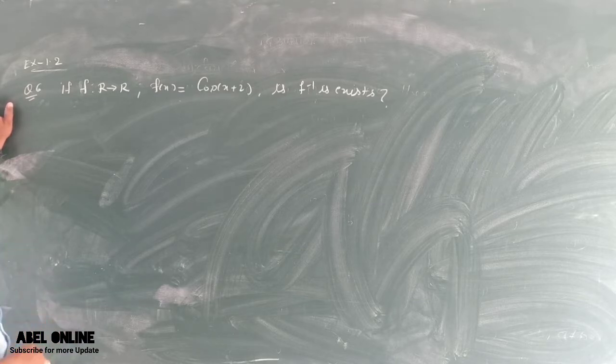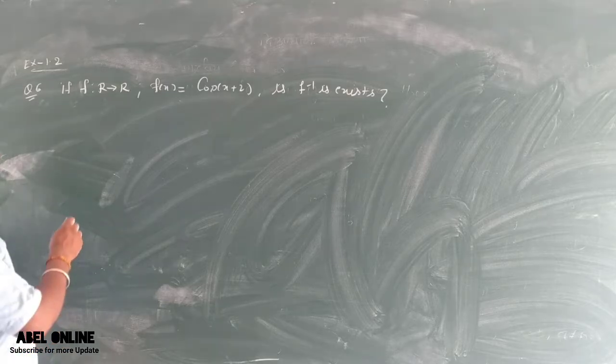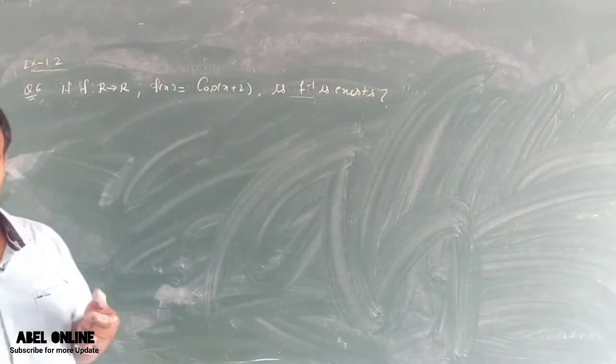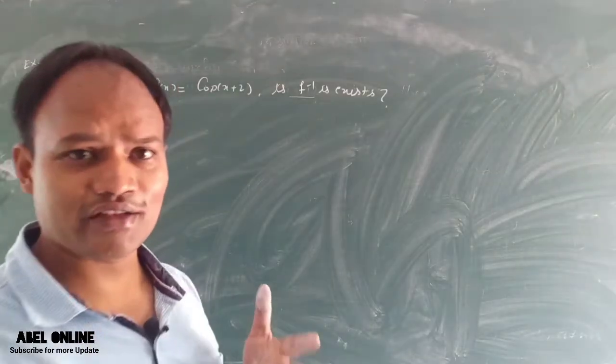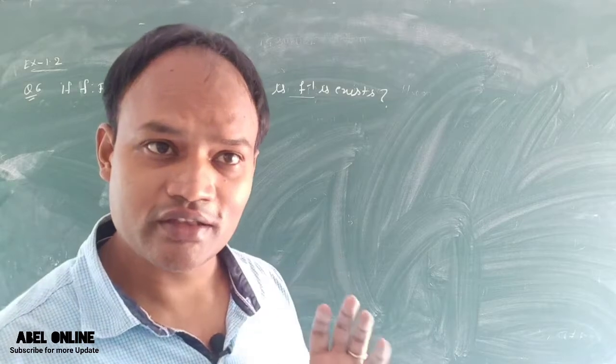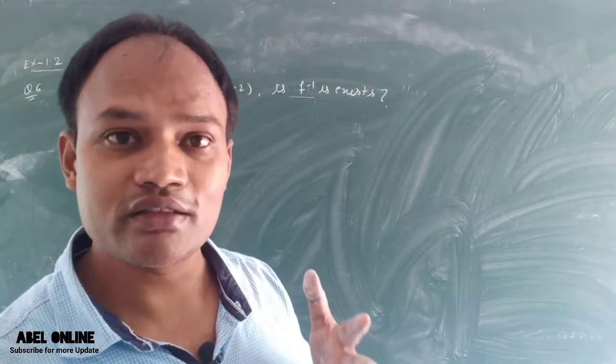When we are asked about f inverse and whether it exists or not, we have to know whether the given function is one-one and onto or not.